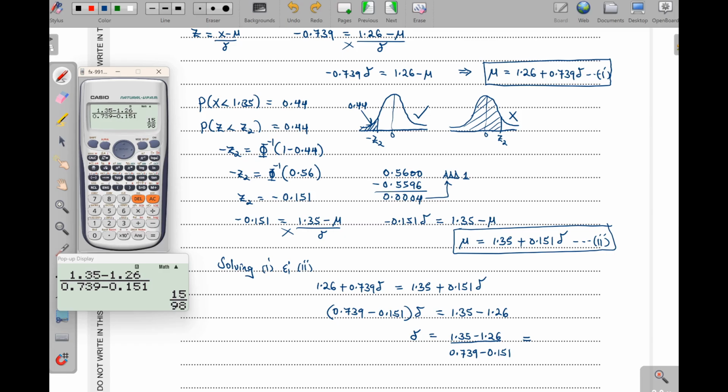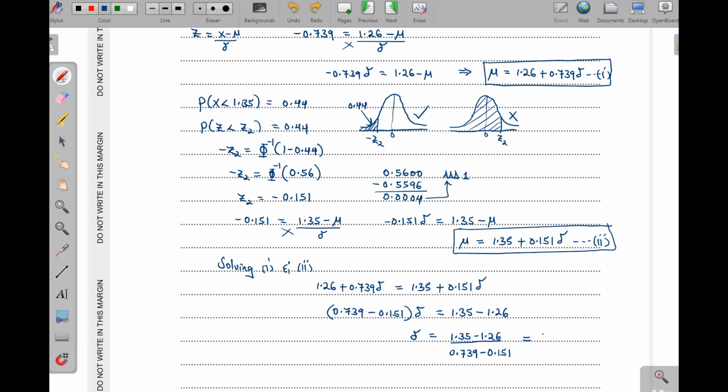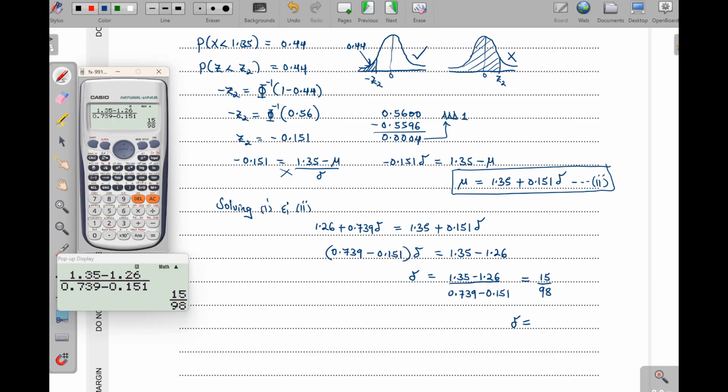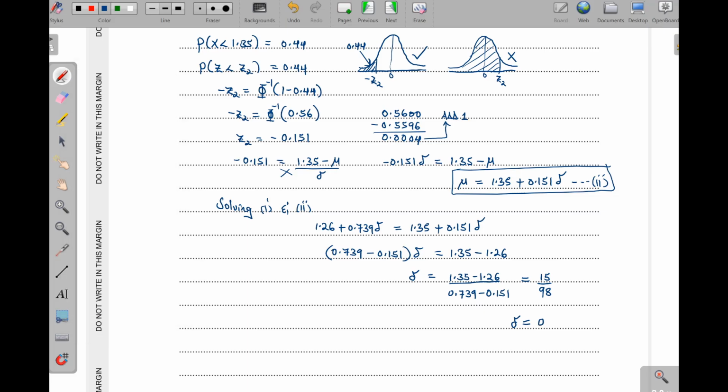We get 15 out of 98. But to three significant figures, this one is going to be, it is recurring from the 5. So it is going to be 0.153. Three significant figures.